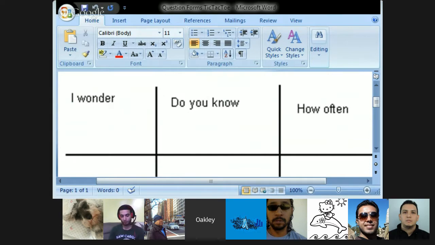I notice in this question form, we actually have a verb at the end of the question. This can happen. "Where is Mark?" "Do you know where he is?" When we start questions with "do," it is possible to end questions with the verb, which is very strange. But there it is. That is a correct response. Give yourself an X. Do you know where they are? Okay, very good.